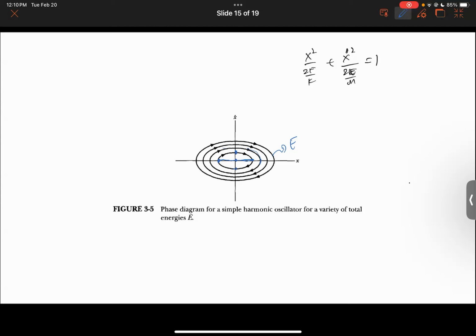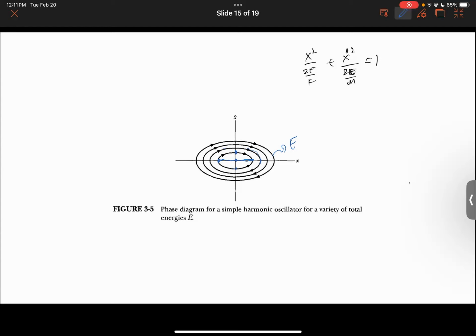If you want to understand what is happening in your system, next meeting we're going to discuss damped oscillations, and we're going to consider these phase plots to describe what is happening to the system. So from today until Thursday, try to understand this phase diagram.